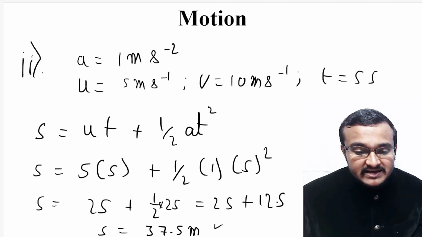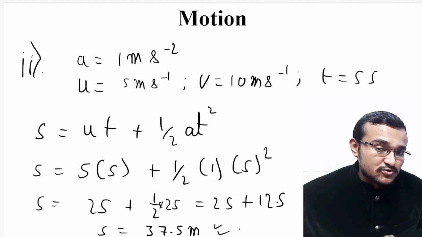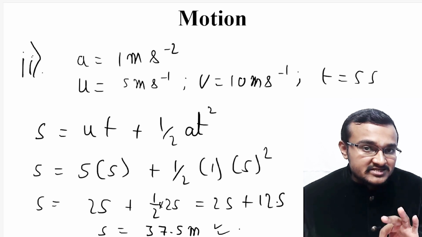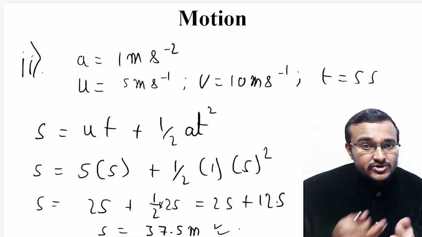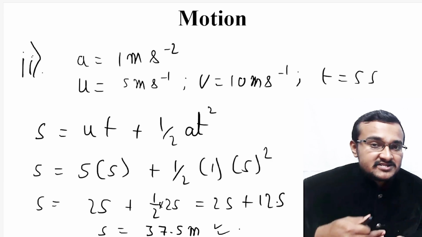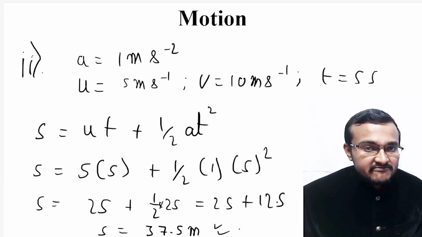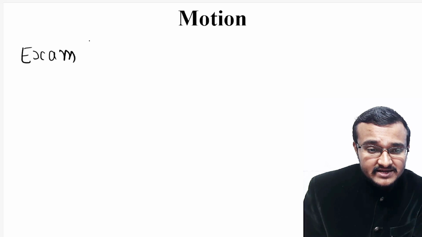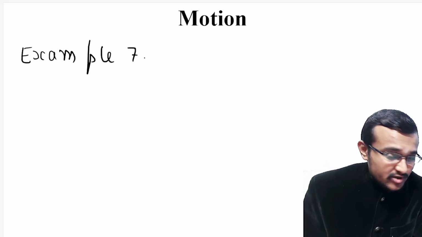So 37.5 meter is the answer for the second question in this example 7.6. So acceleration is 1 meter per second square, and the distance traveled to reach the final velocity from the initial velocity is 37.5 meter.